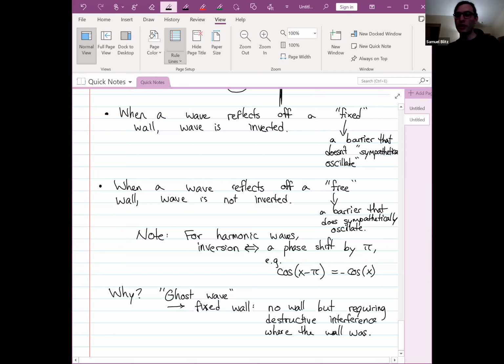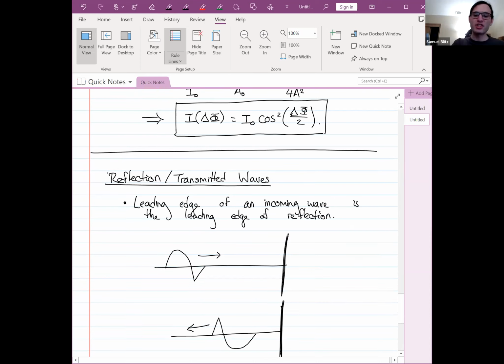So, and that would give you the same thing, right? You can imagine that you have a wave, something happening over here that's moving in the opposite direction, and whatever shape this wave has to be such that when they both hit that location, they destructively interfere at the location where the wall was, and that would force that point to stay fixed.